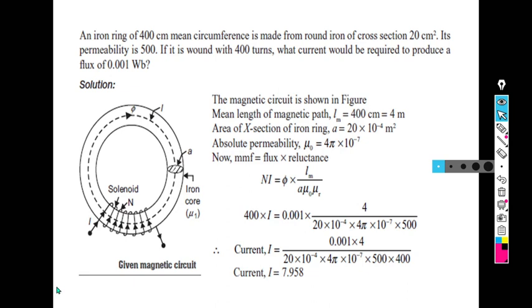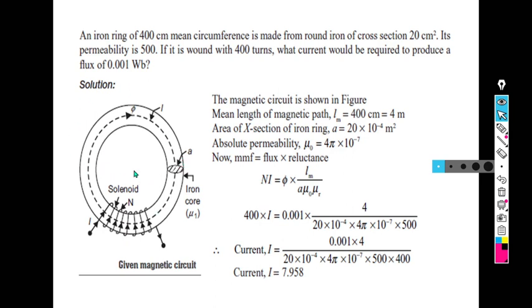This is the same thing, a solenoid. Here an iron ring is given, with a mean circumference of 400 centimeters, made from round iron of cross section 20 centimeter square. As it is a ring, the mean circumference is given, and you have to find it out.